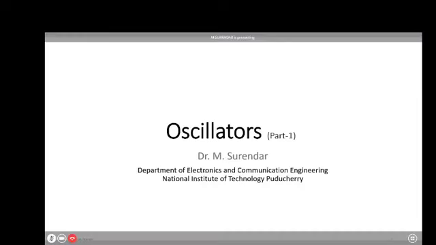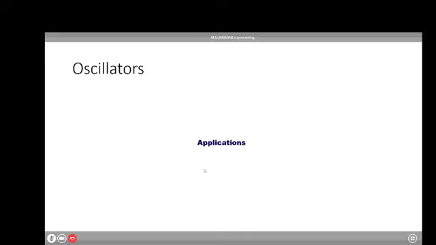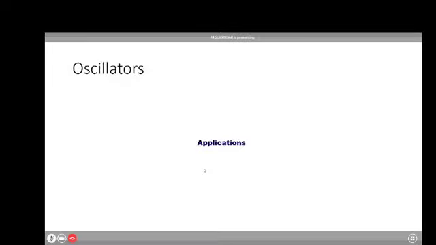Either it can be sinusoidal or triangular wave.